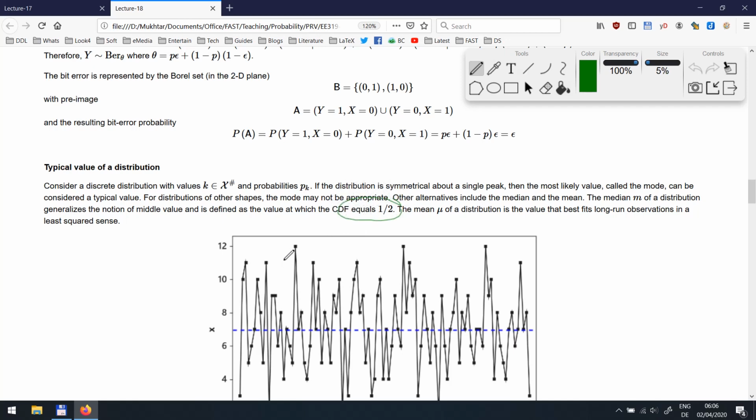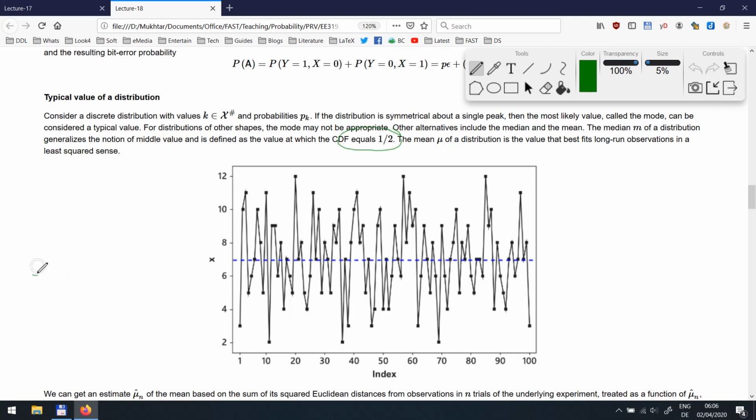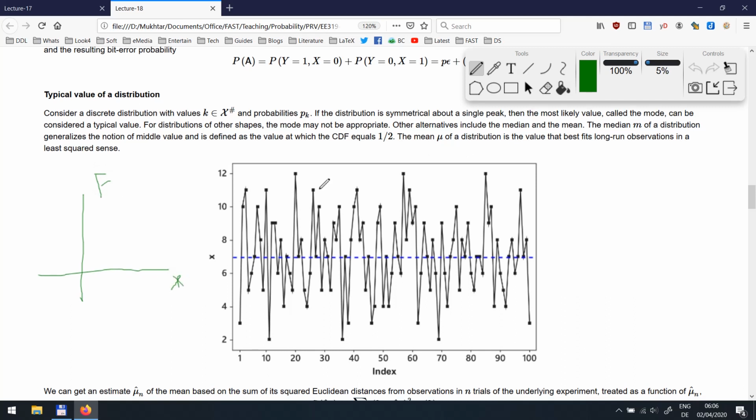Now how do you picture this? Let's say this is the x-axis, this is the y-axis, and this is the CDF, and these are values of x. Let's say the CDF starts at 0 and ultimately reaches 1.